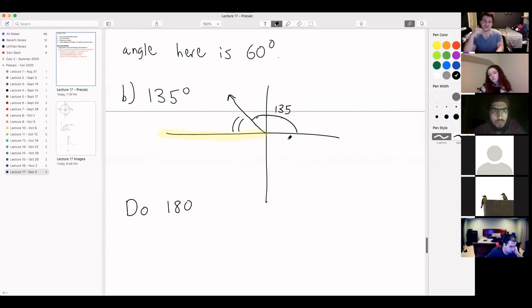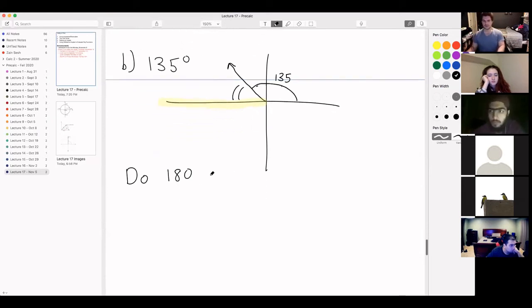If I subtracted 360 minus 135, you would be over here. It's the wrong angle. So you do 180 minus 135, and what is that? Well, that's easy. That's just 45 degrees.